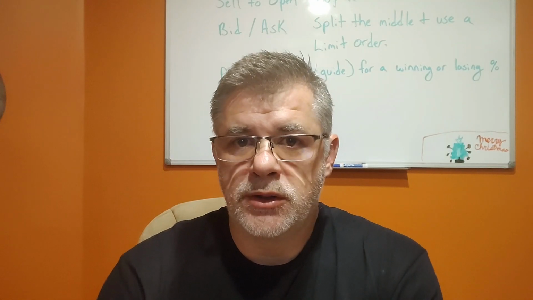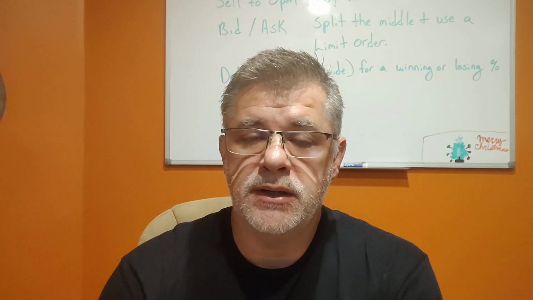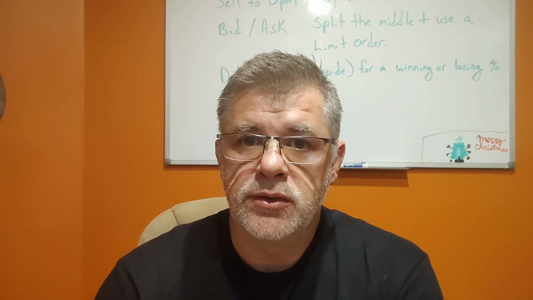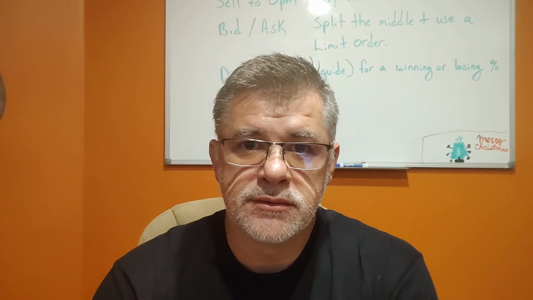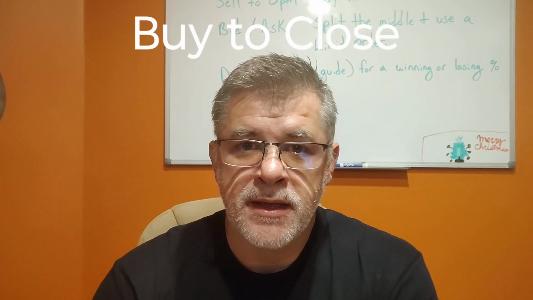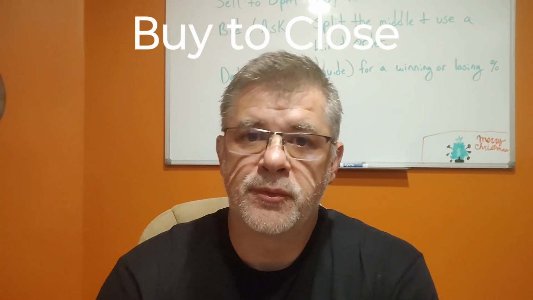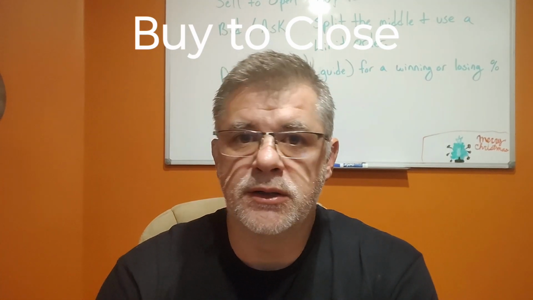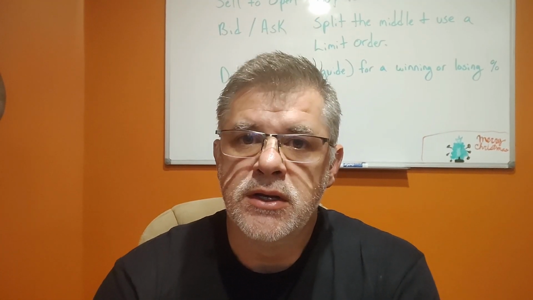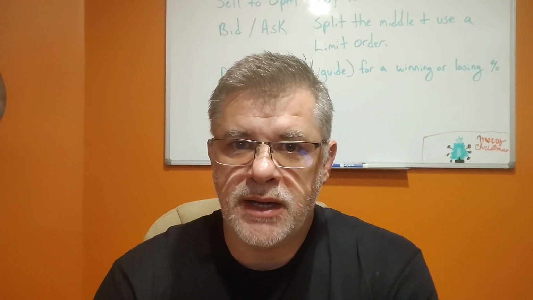And then if you want to close the trade at any time, you can close the trade at any time. Then you go to purchase to close. So it's sell to open, or purchase to close, or buy to close, whatever the terminology is there. So you're going to sell to open, and you're going to buy to close. That's how you get out of a trade.